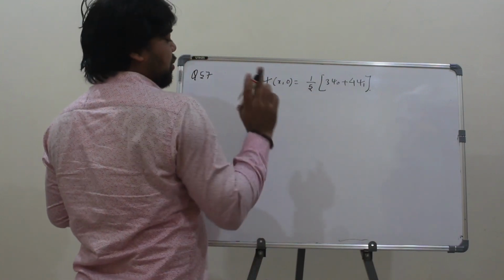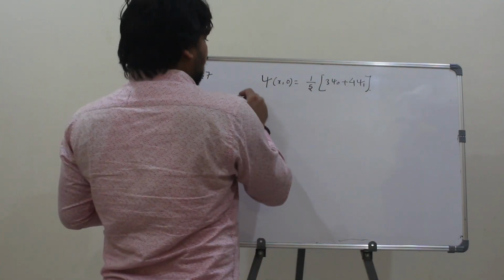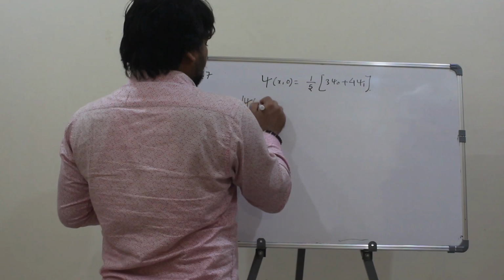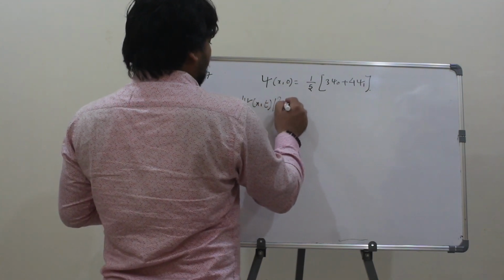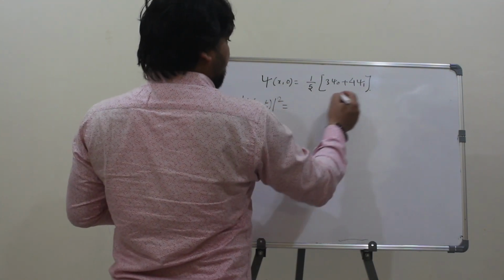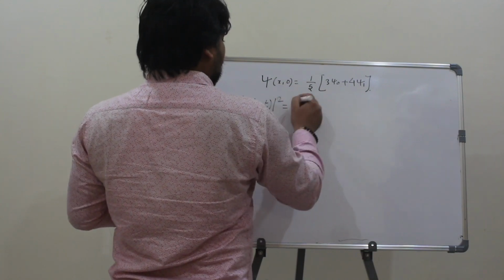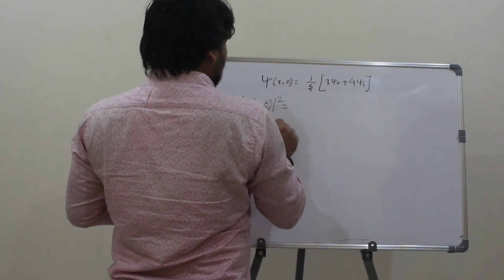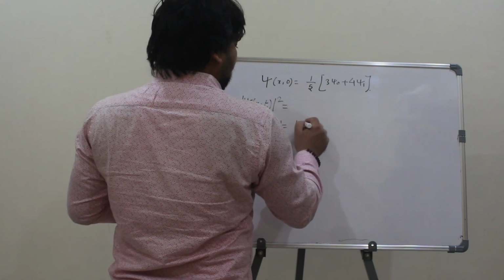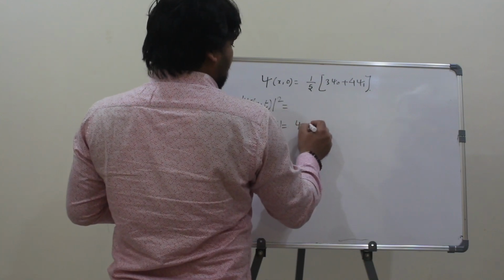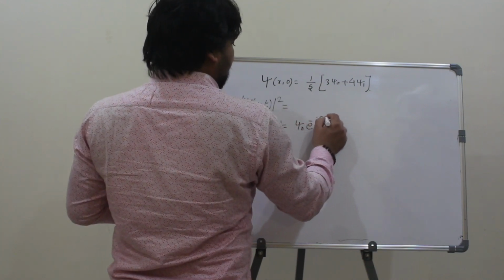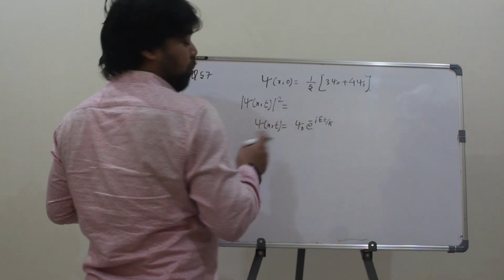Now it is asked what is psi(x,t). So first we are calculating psi(x,t). Psi(x,t) is psi(x,0) times e to the power minus i E t divided by h bar, right?